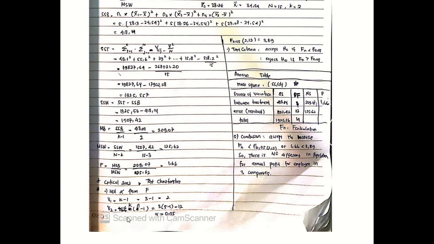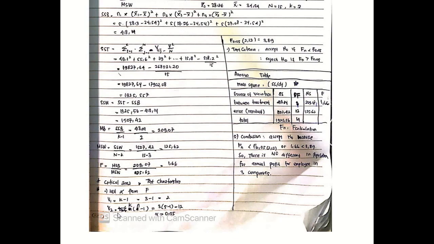For V2, the formula is k times n minus 1, which is 3 times 5 minus 1, equals 12.